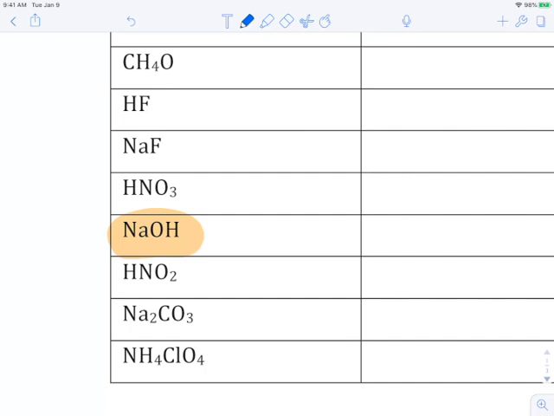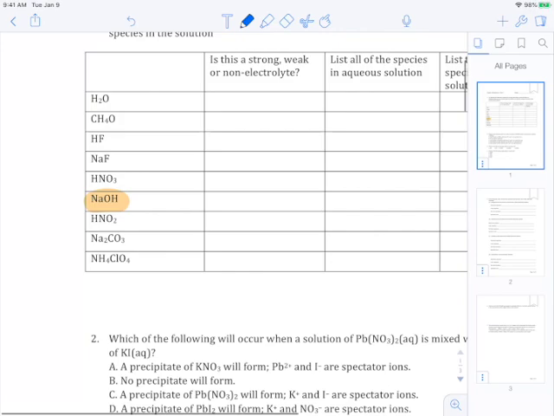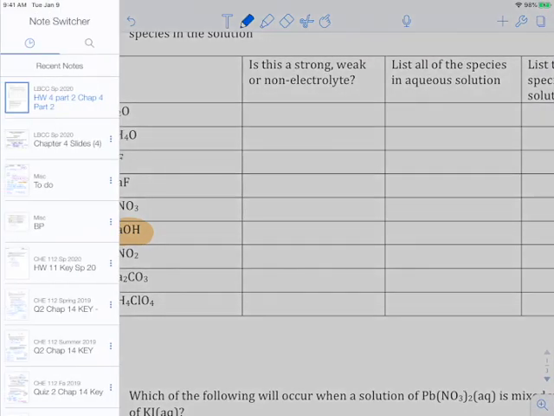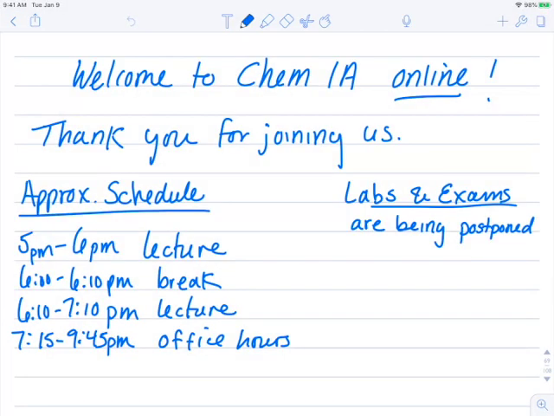Anyone remember how we can tell if something is a strong base? Okay, it does have OH, and it can dissociate completely because it was part of the list I gave you, exactly. So let's take a look at our PowerPoint slides from last time.